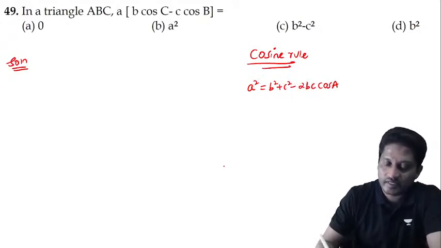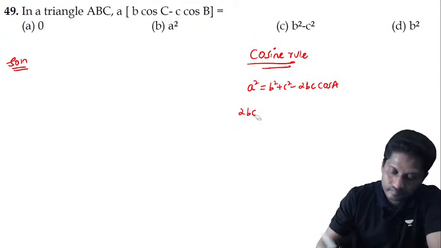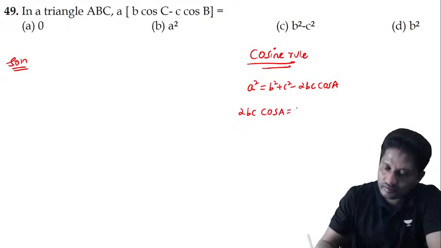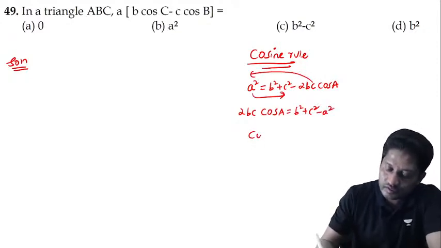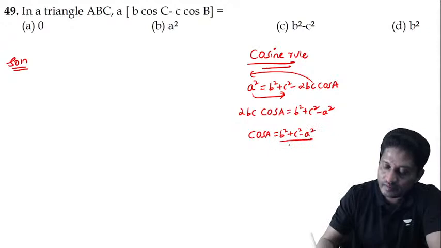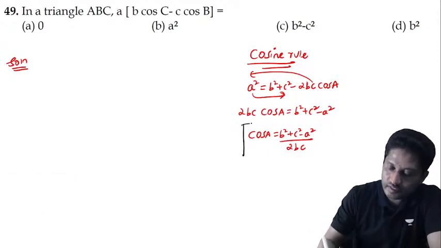So 2 BC into cos A is equal to B square plus C square minus A square. I'm shifting this, and A square I shift to the right side. So cos A is equal to B square plus C square minus A square divided by 2 BC. This is the value of cos A.